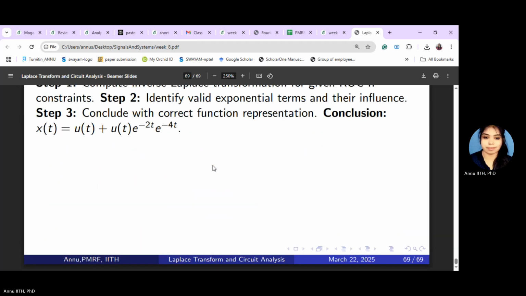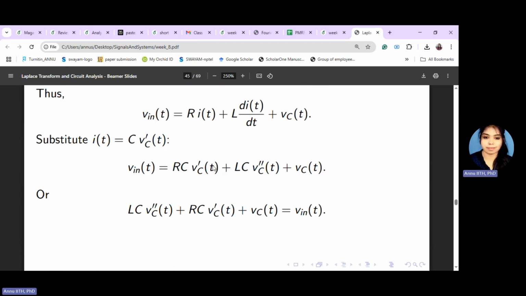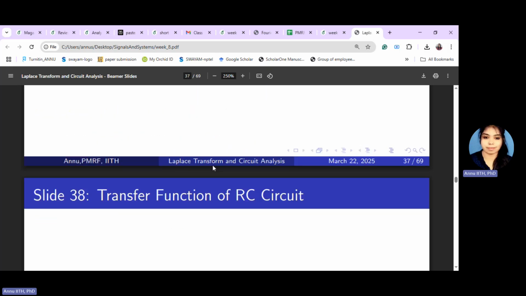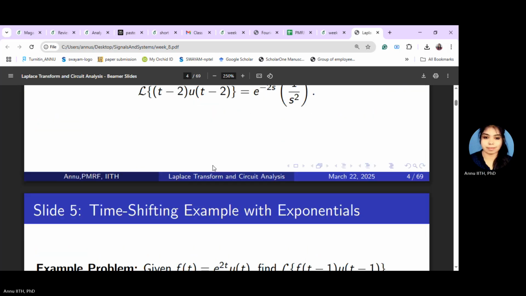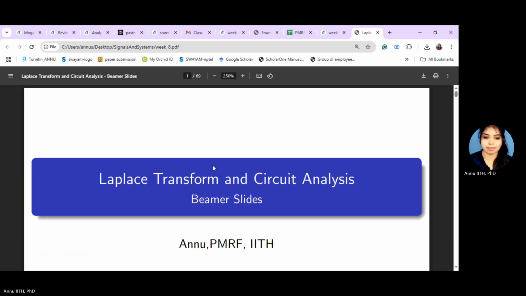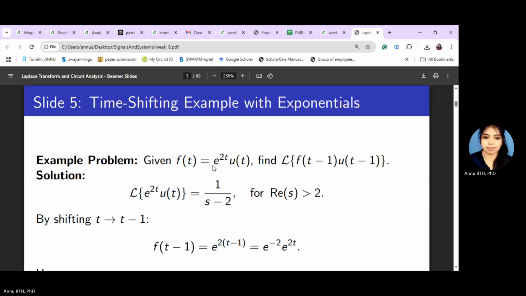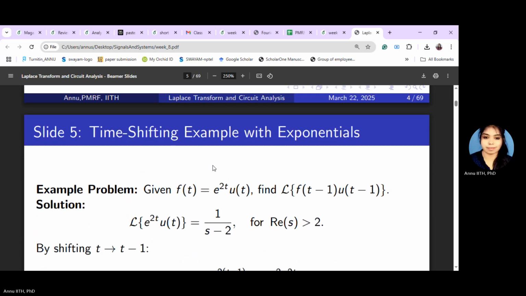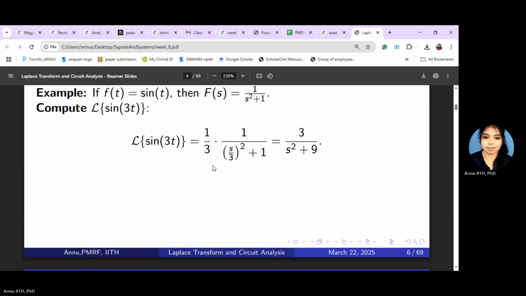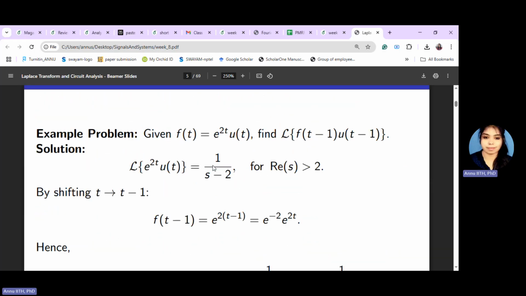Which question did you ask? Example 2 or something you asked, right? Yes, yeah. So you asked here.